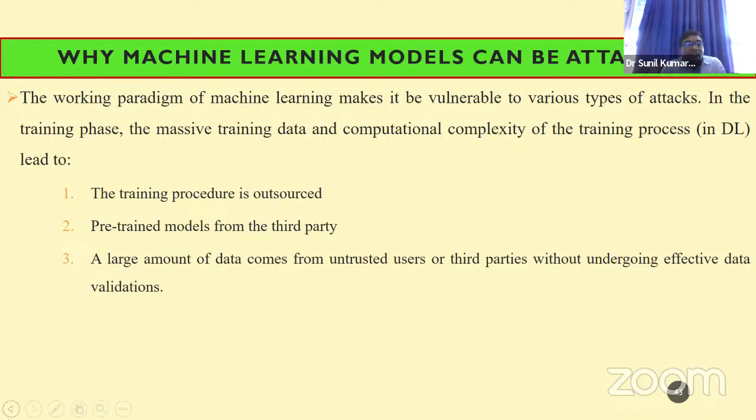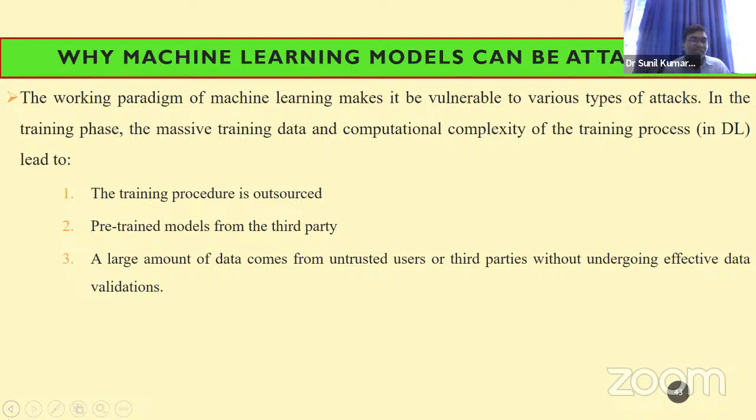Now, pre-trained models from a third party. You might be aware of transfer learning. We prefer to apply transfer learning when we are applying deep learning and the data size is quite small, not like 10,000 or 20,000 images.